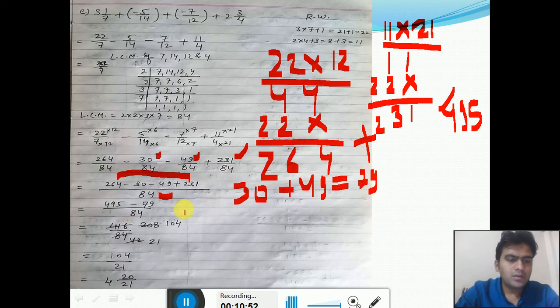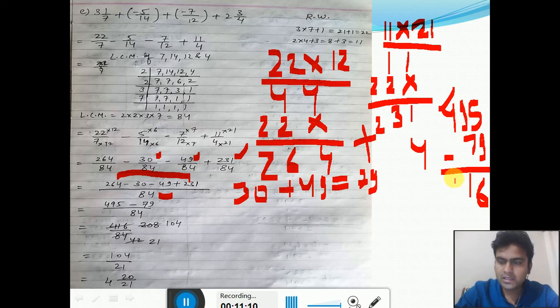Now we will subtract this 79 from 495. Subtract. Now 15 minus 9 is 6, 8 minus 7 is 1, and this 4 as it is. So 416. So 416 upon 84. Now we can easily simplify 416 upon 84 by looking at the common factors.